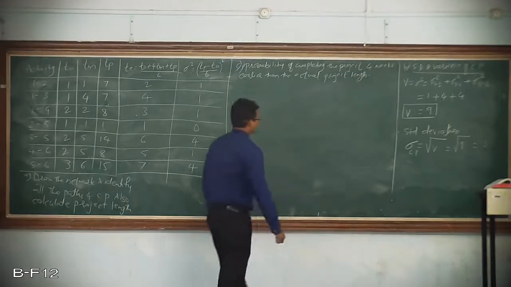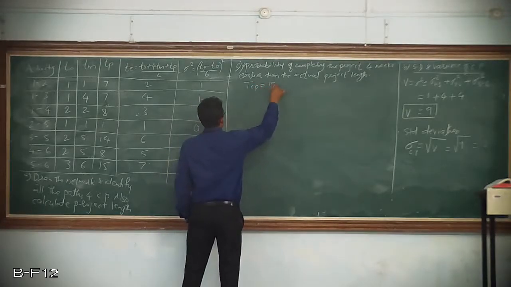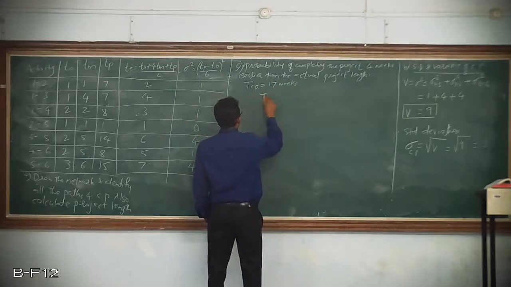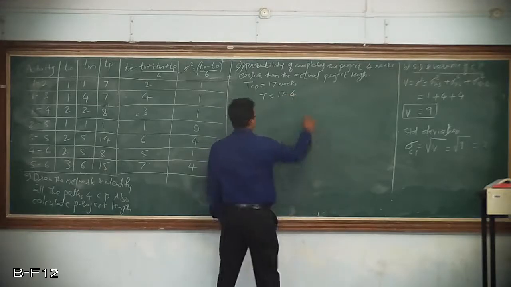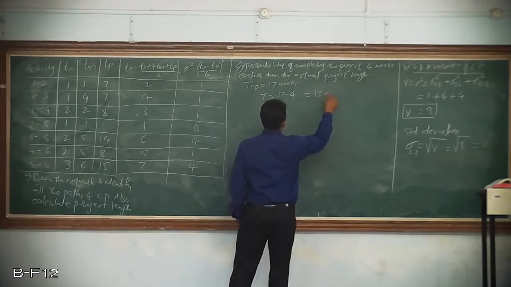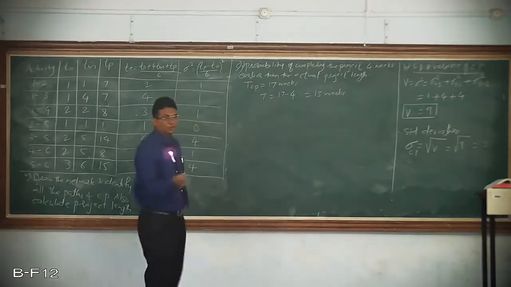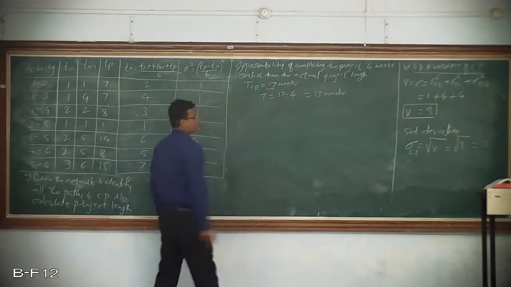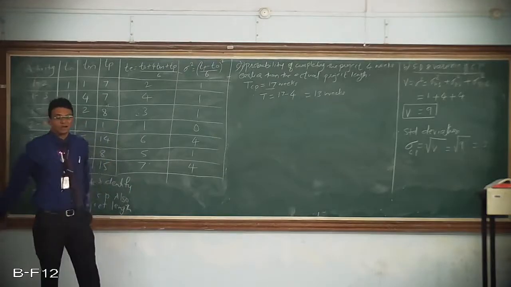Okay. So this is correct. It is 4 weeks earlier than the actual schedule. What is the actual? 17 weeks. So that I have calculated by identifying the critical path.